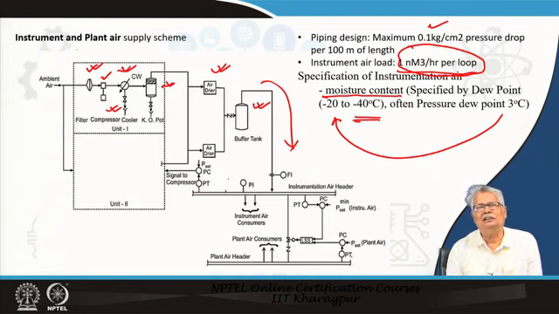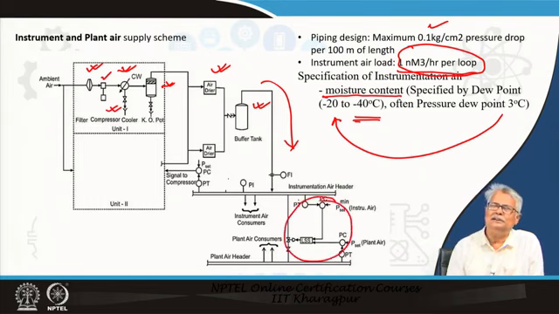The plant air often is taken as a part from the instrument air, because the requirement of plant air may not be continuous. But one thing is there: you have a special control arrangement to ensure that instrument air is prioritized over plant air.